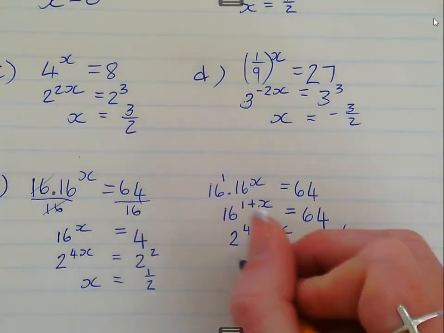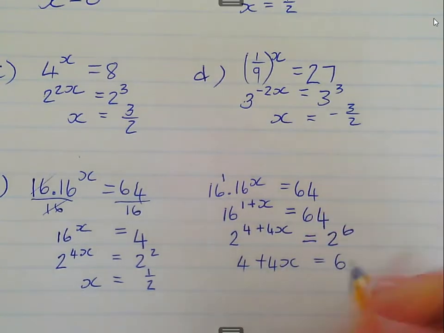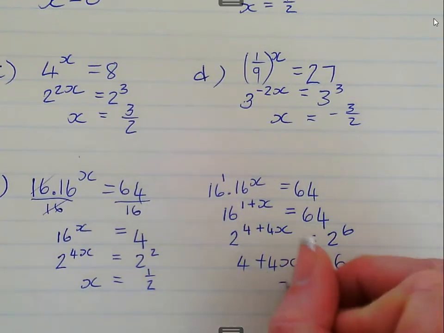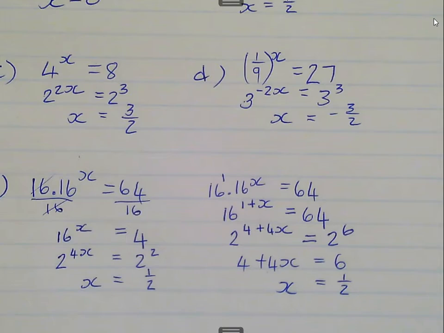Now my bases are the same, I can throw them away. 4 plus 4x equal to 6. The 4 goes over, it subtracts, so I've got 4x equal to 2. So x is once again equal to a half. So they both give us the same answer. Do you all understand that?